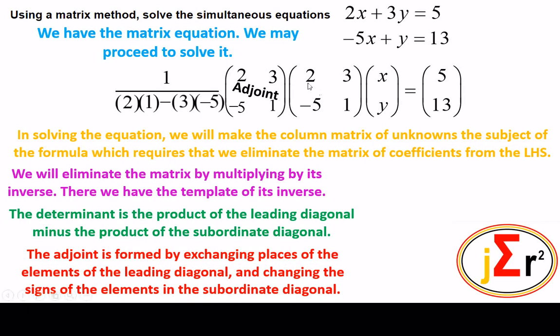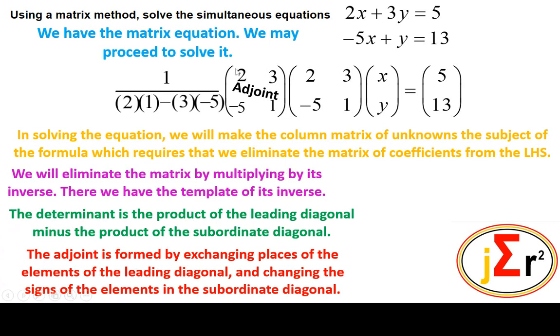The matrix is written without any change, and then we will make the change on the spot. The adjoint is formed by exchanging places of the elements of the leading diagonal and changing the signs of the elements in the subordinate diagonal.